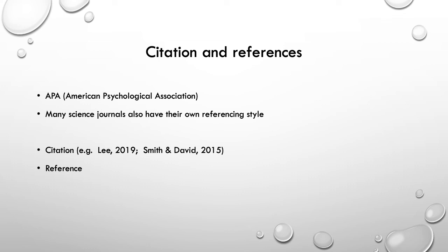In APA, for the citations, you will write down the family name of the author plus year of publication. If you have 2 authors, you write family name of the first author, plus sign, family name of the second author, comma, and then year of publication.